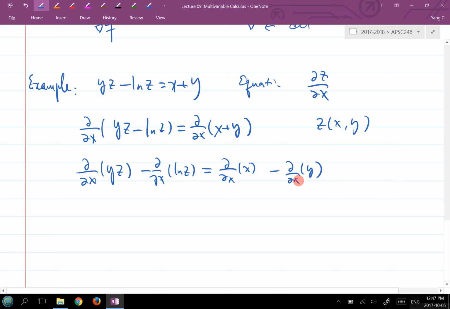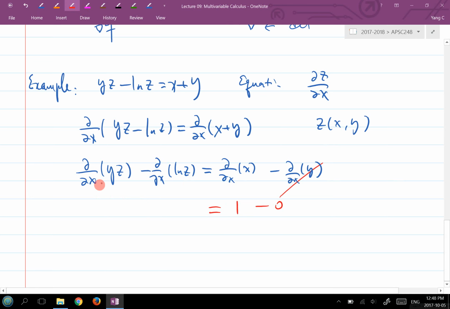Because we're treating y as a constant, this term must be 0. And this term is a partial derivative of x, which is basically 1.